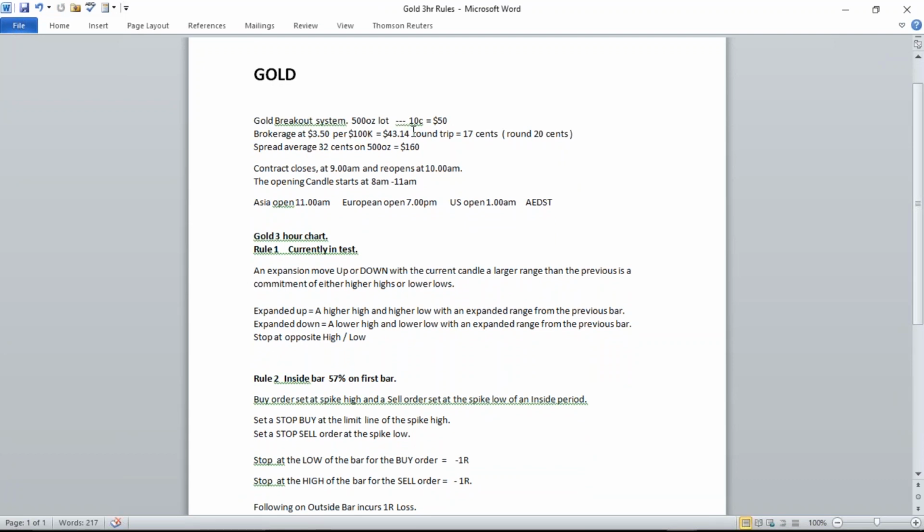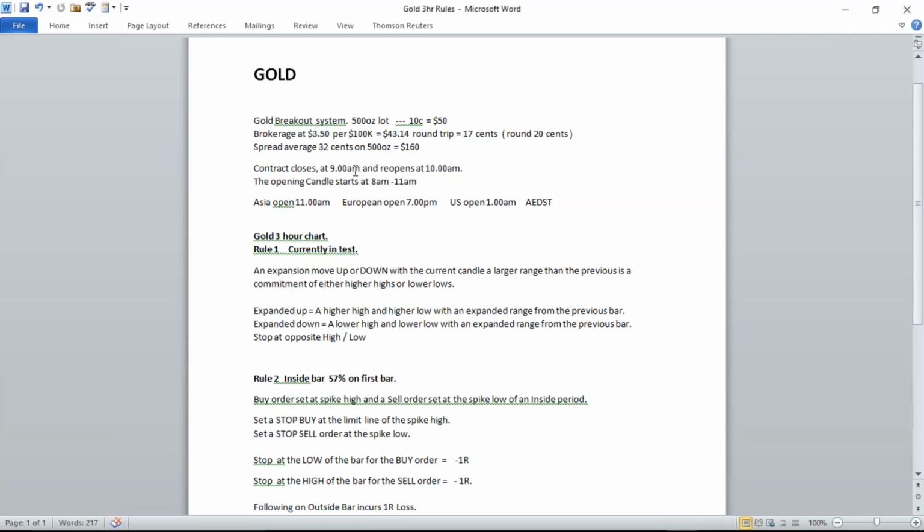I understand that 10 cents is the minimum movement, which is essentially $50 a pip. The brokerage is $350 per 100,000 of value in this particular contract. It's a $43 round trip, which equates to about 17 cents. The spread average is about 32 cents on 500 ounces. The spread is $160 alone. So I understand there's quite a bit of ground to cover before you actually make any money out of this.